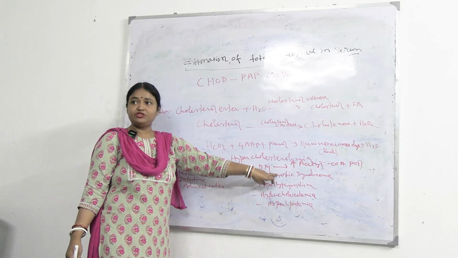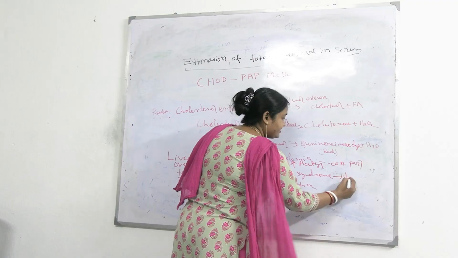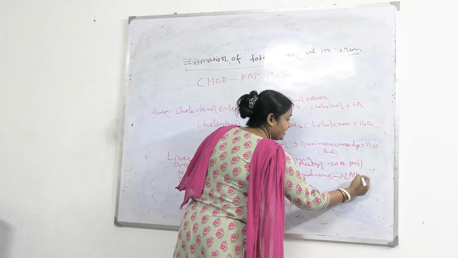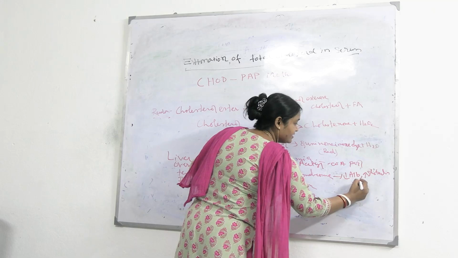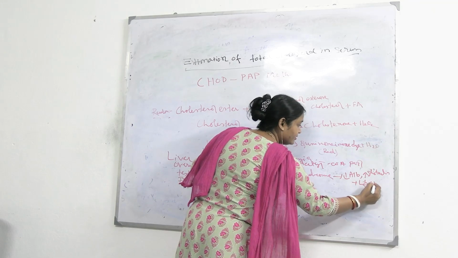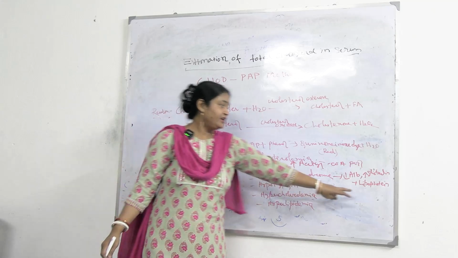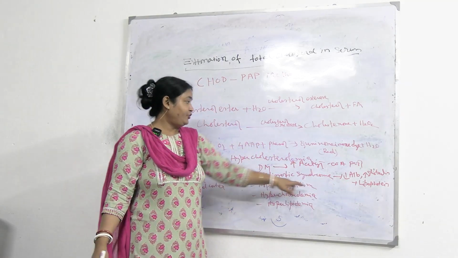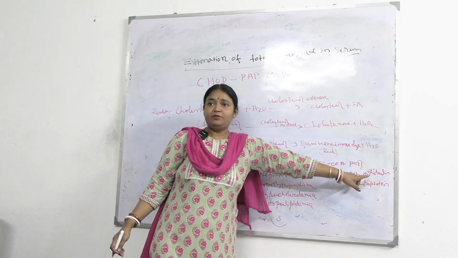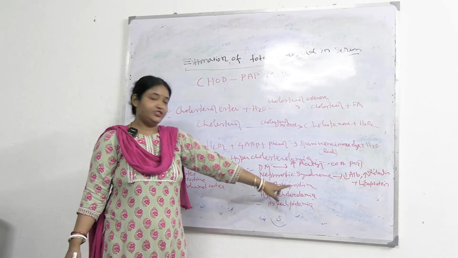In nephrotic syndrome, you have decreased albumin and increased globulin plus lipoprotein. In this lipoprotein you have cholesterol. So there also you will see increased cholesterol.